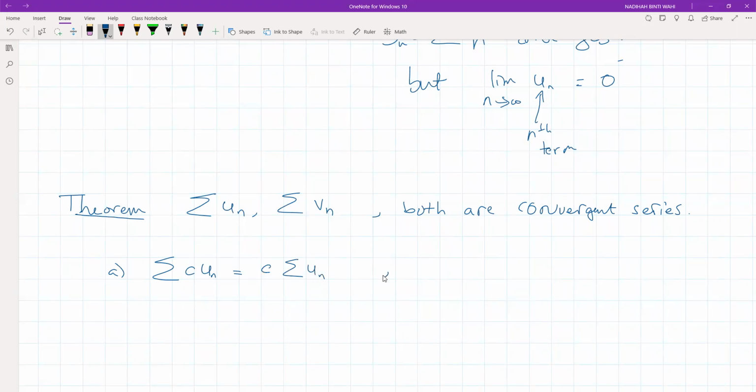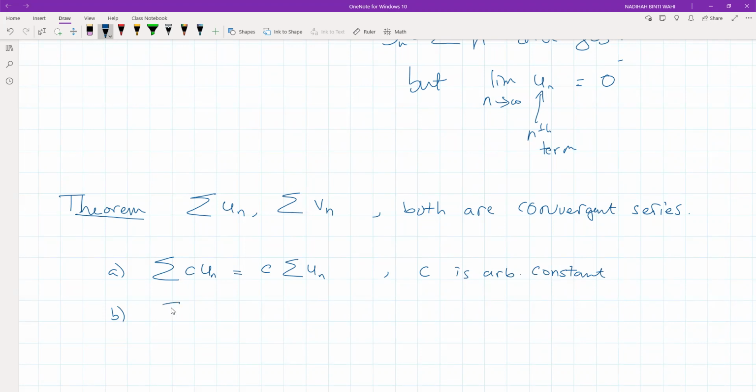So c is any constant, an arbitrary constant, as long as c is defined. Okay, so you can do the same thing that you did in algebra, which is you can take any constant multiplier and take it outside of the summation.